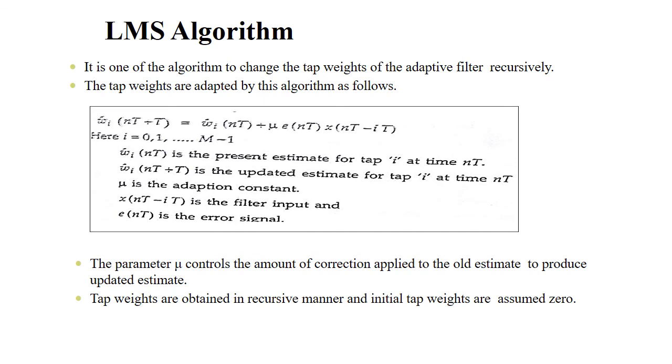Here i takes the values 0, 1, etc., up to M minus 1. w_i hat of nT is the tap i at time nT and w_i hat of (nT plus T) is the updated estimate of tap i at time nT. Mu is the adaptation constant, x(nT minus iT) is the filter input, and e(nT) is the error signal. The tap weights are obtained in a recursive manner, and the initial tap weights are assumed to be 0.